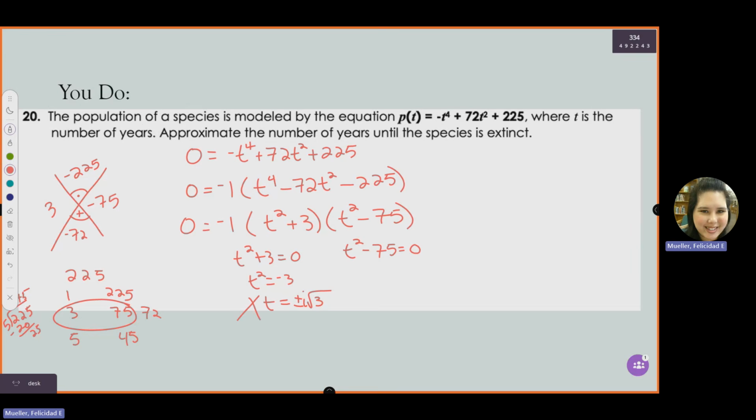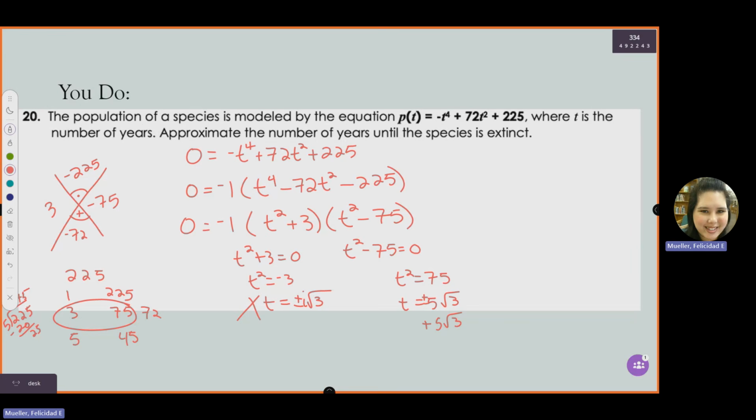Over here, t squared equals 75. I should take the square root of that. So that's going to get me 5 square root of 3. I want plus or minus. I probably want the positive one, so plus 5 square root of 3 is my answer.